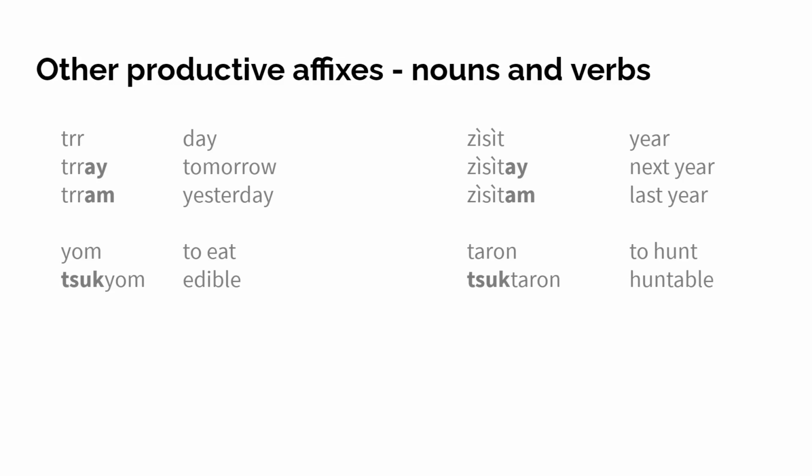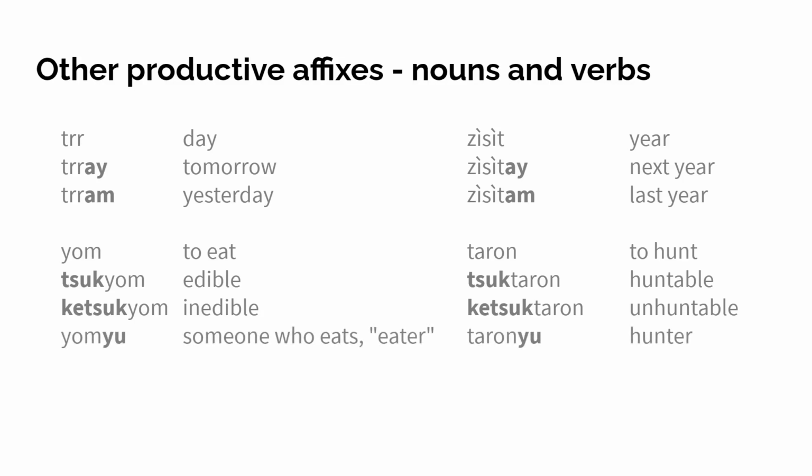So here the verbs yom and taron were made into adjectives, edible and huntable. So these are now adjectives. There's also ketzuk, which then means unverbable. So ketzuk yom is inedible, and ketzuk taron is unhuntable. Again, these are of course adjectives and not verbs any longer.